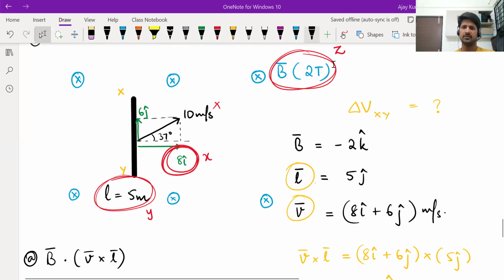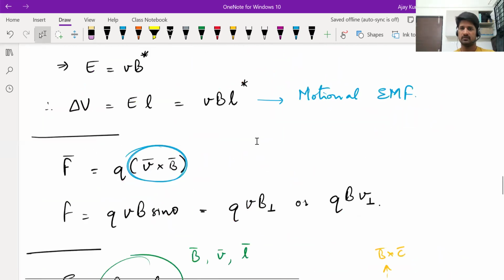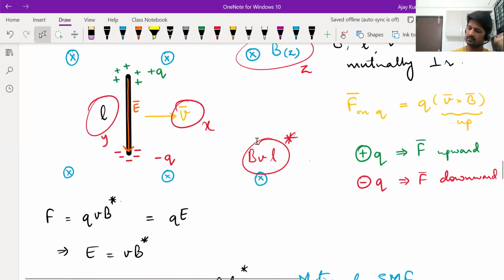The side to which negative charges go will be at lower potential. Which charge goes which side depends on the magnetic force, QV cross B. We had discussed that. If Q is positive, force will be in the direction of V cross B. So positive charges go in the direction of V cross B, and negative charges go opposite to V cross B.